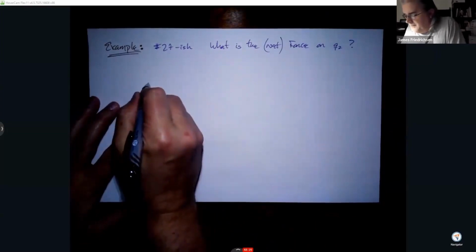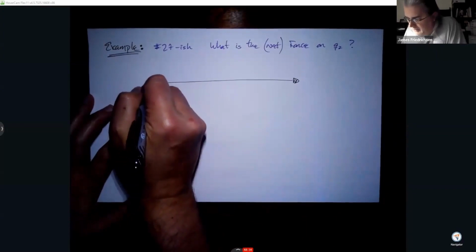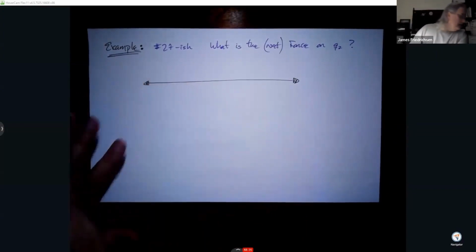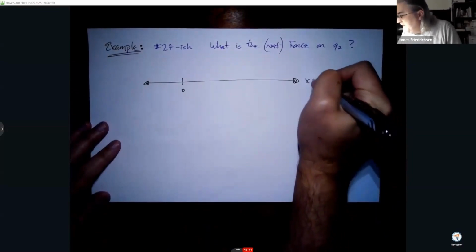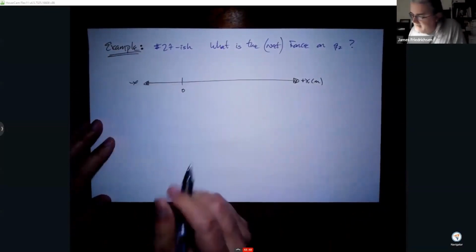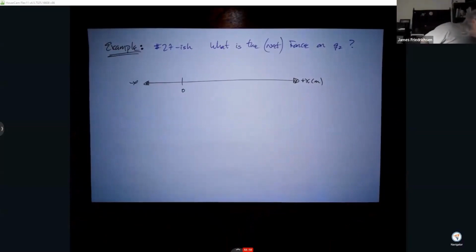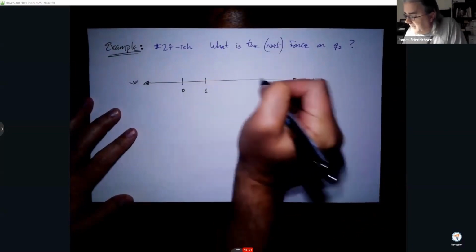I'm going to alter the diagram slightly so I can get rid of the high degree of symmetry. The origin is located here, and positions are given in meters. This will be the plus x direction, this will be the minus x direction. Then our charge 1 is at this 1 meter location.